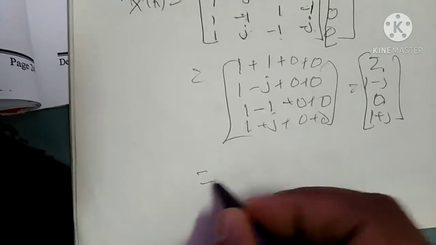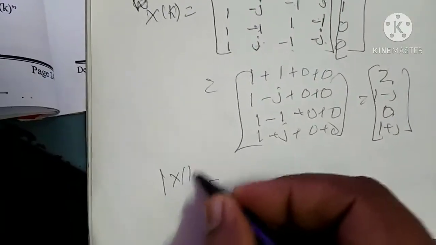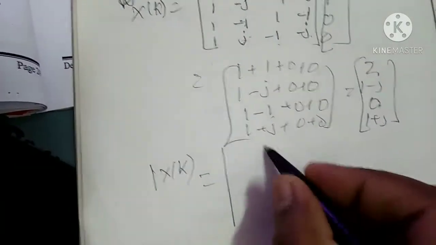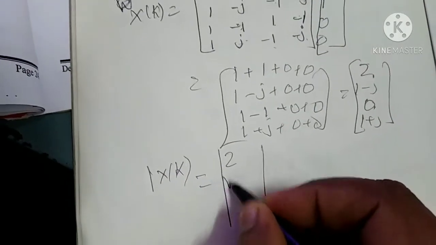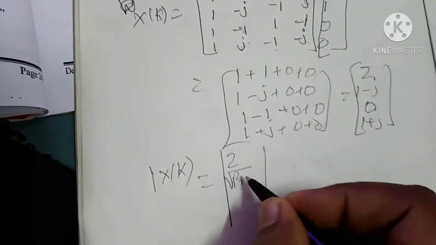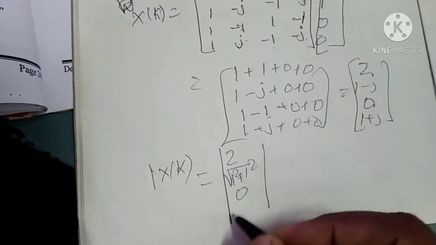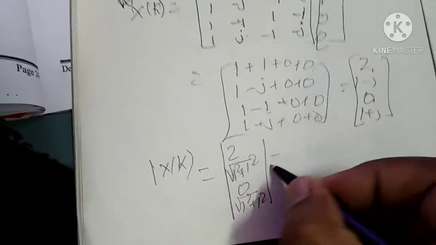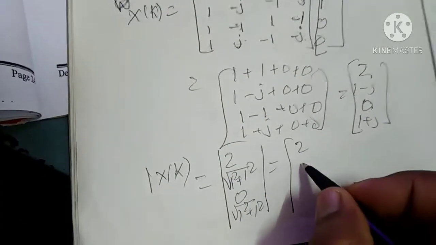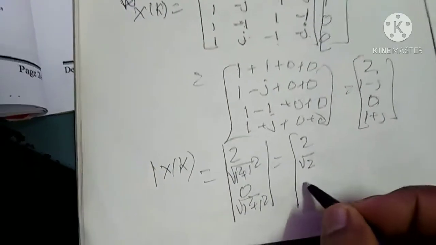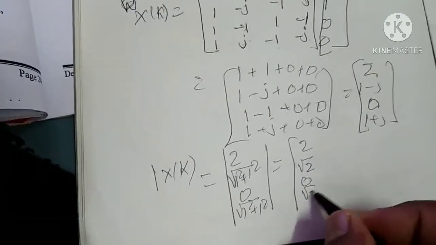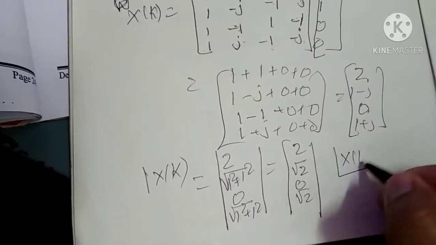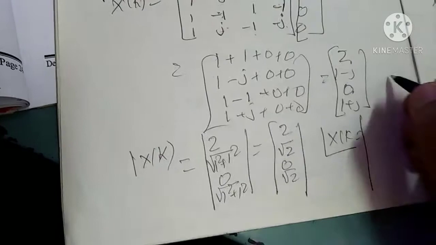If I take the magnitude of X of k, I will get the value 2, square root of 1 square plus 1 square, 0, and square root of 1 square plus 1 square. That is 2, square root of 2, 0, and square root of 2. This is the magnitude. If I want the angle of X of k, we have to take tan inverse of b by a.